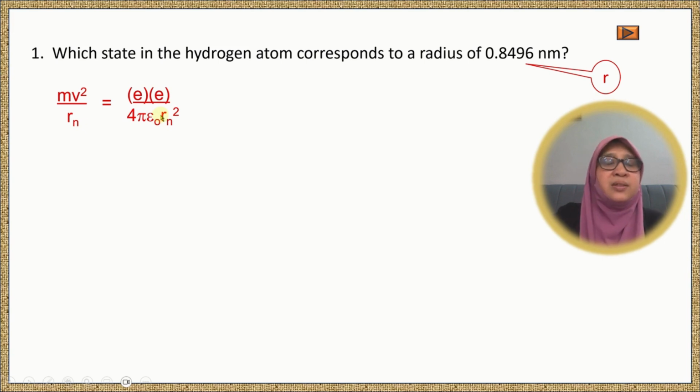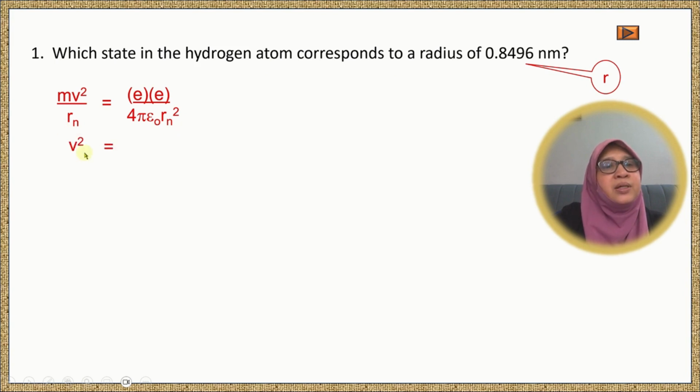The electrostatic force formula is the charge of the electron squared, E times E, divided by 4 pi epsilon naught, where epsilon naught is the permittivity of free space, and also divided by the radius of the atom squared.